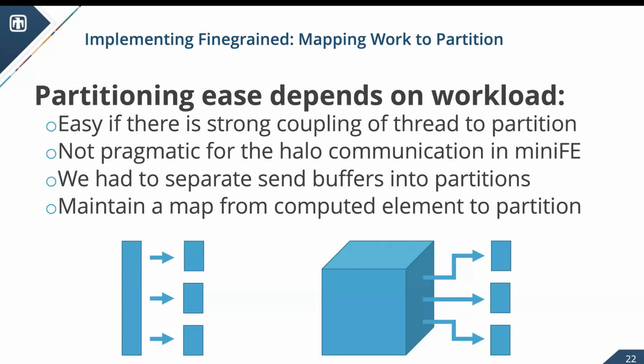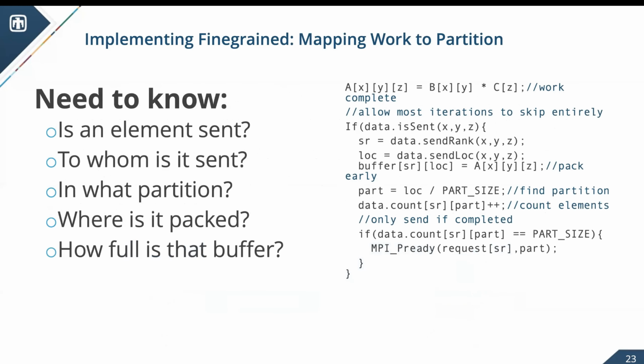So we need to start having these data structures to handle this sort of mapping. Thinking about this in a more concrete way, these are the sorts of answers that you often need to give in partition communication, and we need to design data structures to handle this.